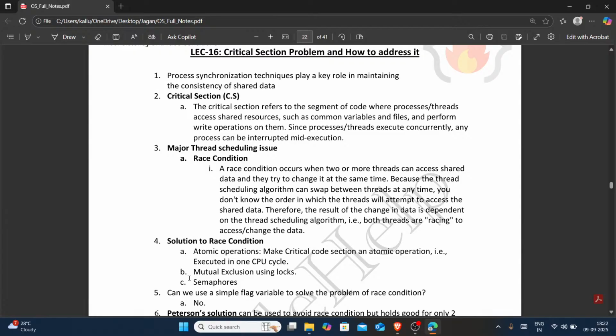You don't know the order in which the threads will attempt to access the shared data.